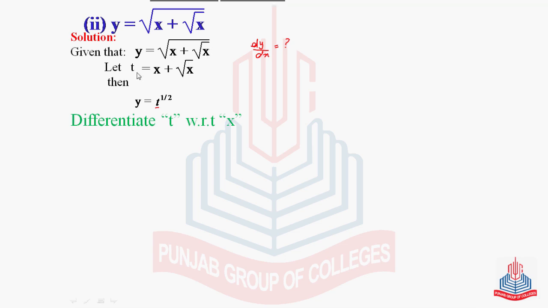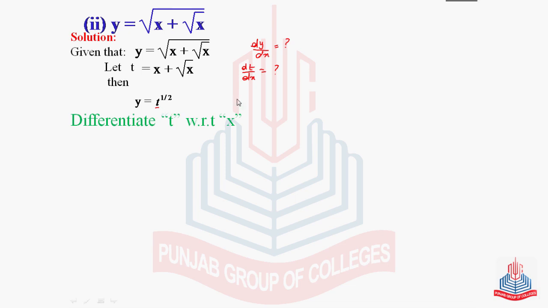So now t will become a function of x. So from this expression, we have to calculate dt by dx. And by using substitution, that y will become t raised to the power 1 by 2. So y will become a function of t.